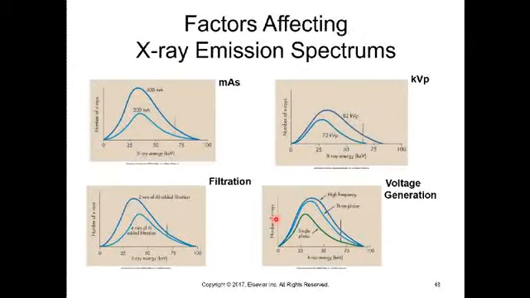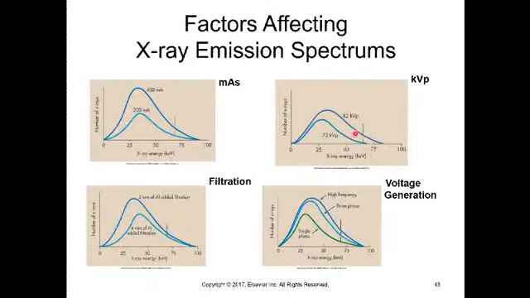And this is visually showing you how certain factors affect your emission spectrums. So when you're doubling your mAs, if you notice here, your amplitude doubles. And then on the discrete spectrum, your line doubles. Increasing your kVp affects both your amplitude and your position on the emission spectrum.